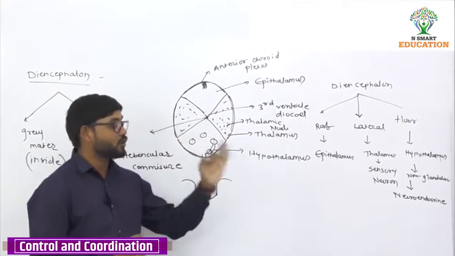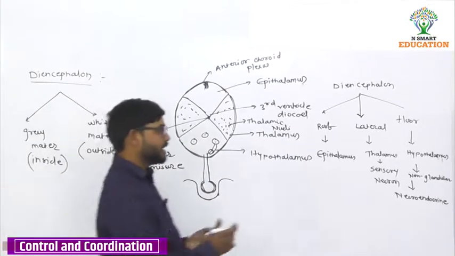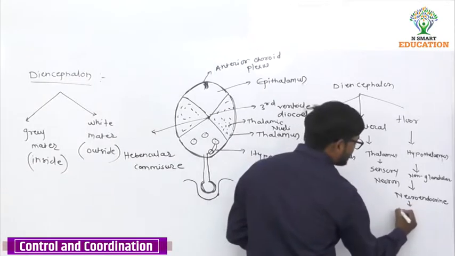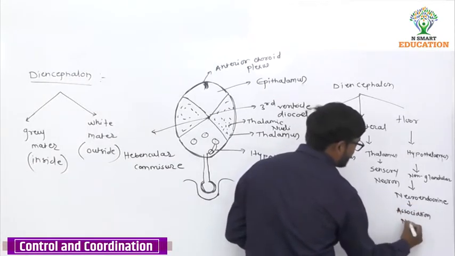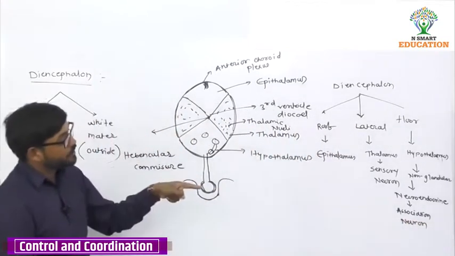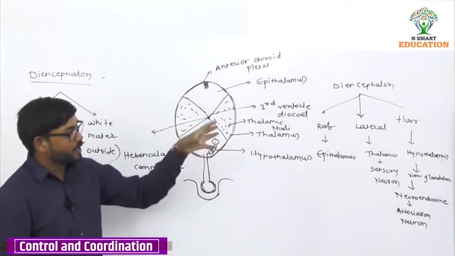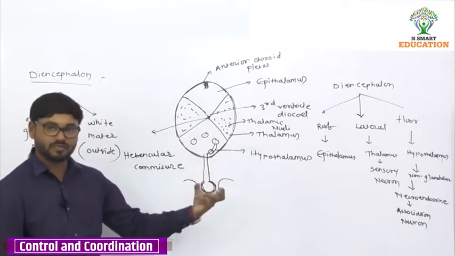It is a neuroendocrine in nature. That means this hypothalamus secretes neurohormones. This is not glandular, it is non glandular in nature. Also present here are association neurons. Since it is neuroendocrine in nature, obviously association neurons are present.